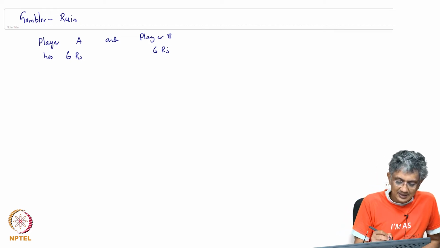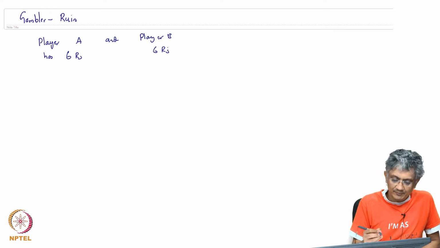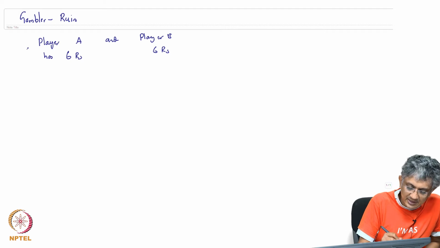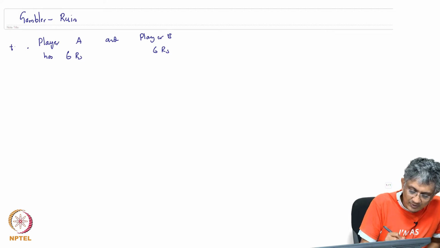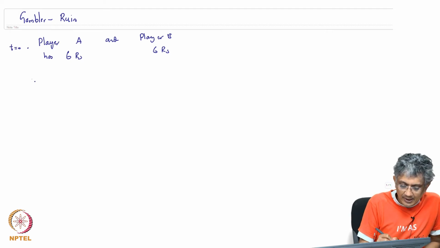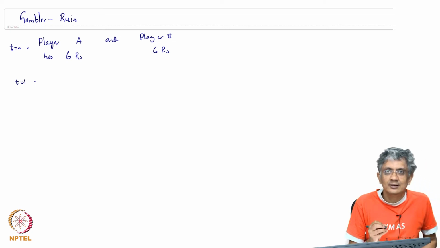What happens is they toss a coin. At time t equal to 0, this is the beginning. At time t equal to 1, you toss a coin.